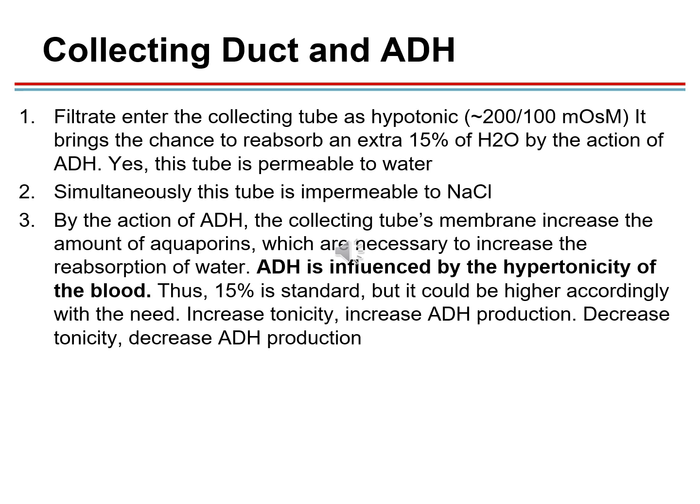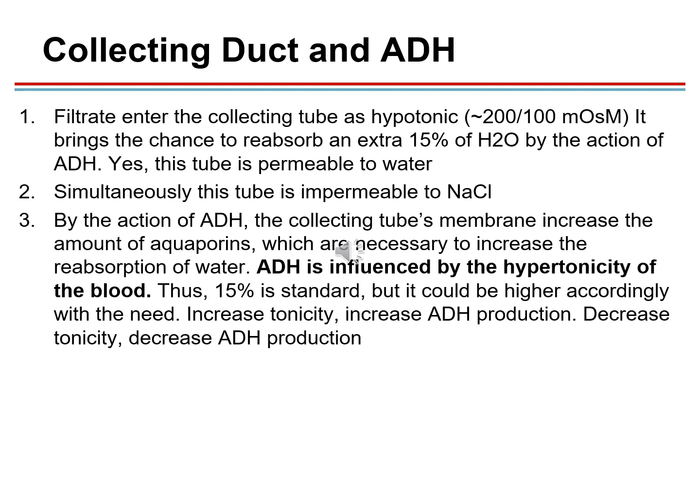By the action of ADH, the collecting tube's membrane increases the amount of aquaporins, because this is the action of the ADH. ADH is secreted according to the osmolarity. In other words, when the osmolarity of the plasma increases, the ADH is stimulated, secreted from the posterior pituitary, and the target cells are in the collecting tube.